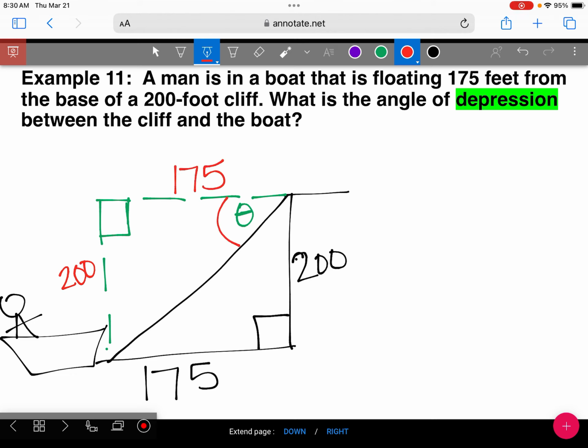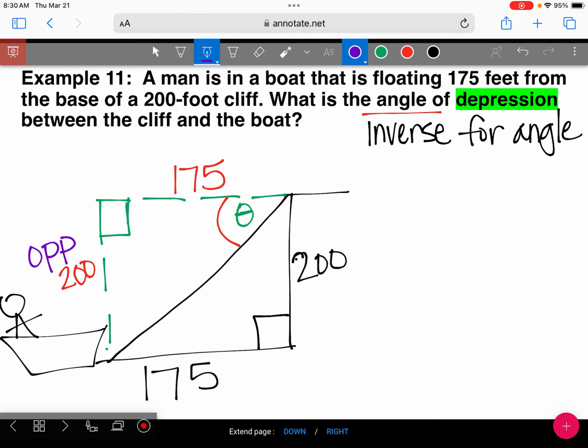Now, because I'm trying to find an angle, remember, for an angle, we have to use an inverse. So in order to find an angle, you have to hit the second function key before you hit that trig key. So the 200 is opposite of that angle of depression, and the 175 is adjacent.